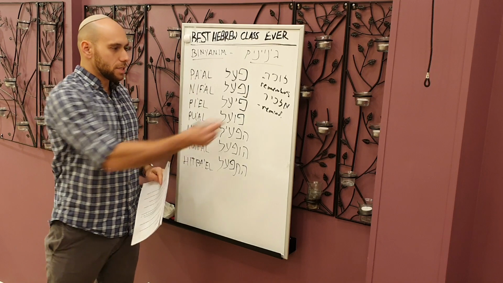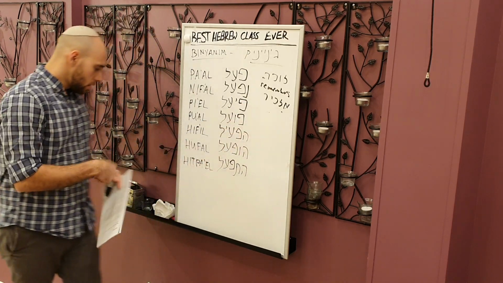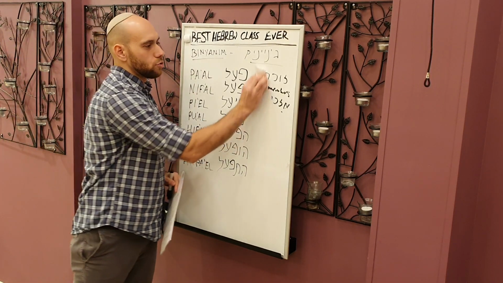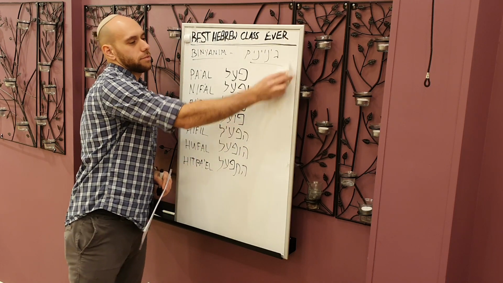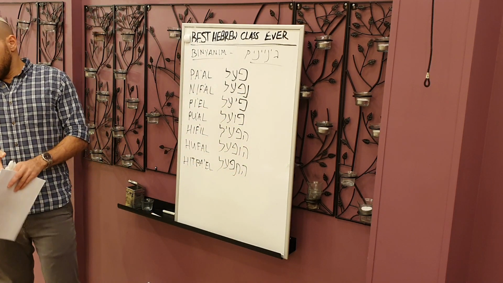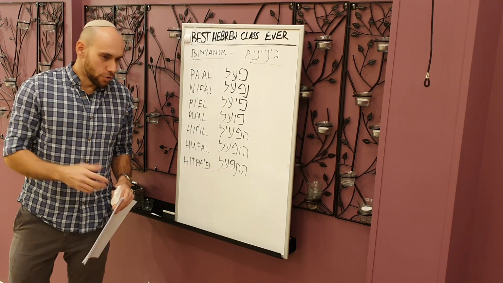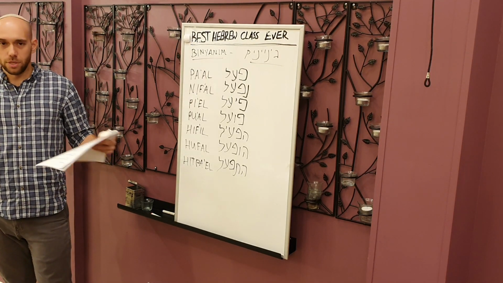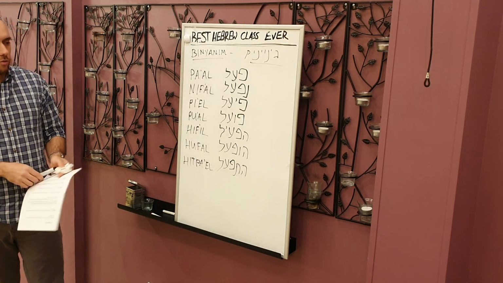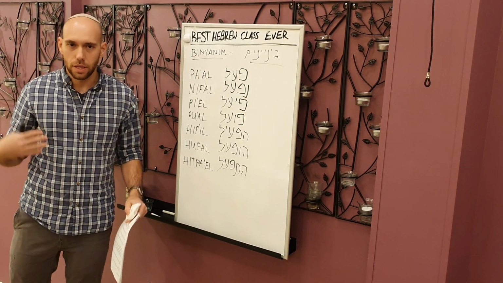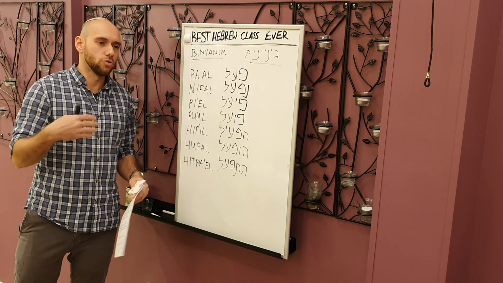So we'll see some examples of that also. The example we used last time was lehitahev, to fall in love. To fall in love is the reciprocal thing. Two people fall in love, right? So that's what we say, versus to love, which would be an action that you do to someone.